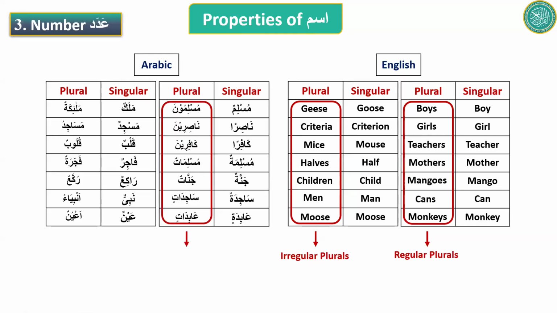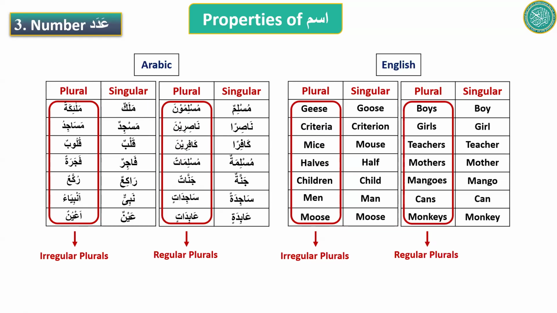So the plurals that follow the una, ina, atun, atin ending sound pattern, we call them regular plurals. And other plurals who do not have una, ina, or atun or atin sound at the end, we call them irregular plurals.